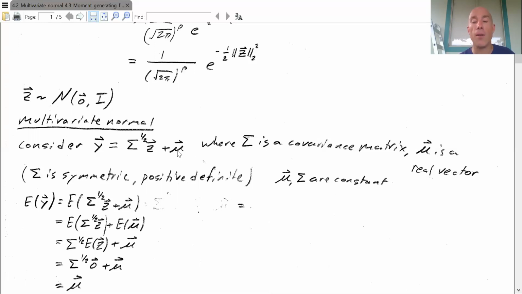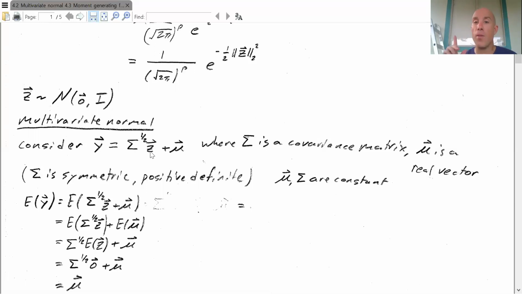Now over here, let's say that I'm interested in a particular mean for my vector. What we're going to do, we're going to take my standard normal, multiply by the square root of the covariance matrix that I want, and then add on the mean that I want, and that's going to be my new vector y. Okay, so what I'm doing is a transform on the standard normal distribution.